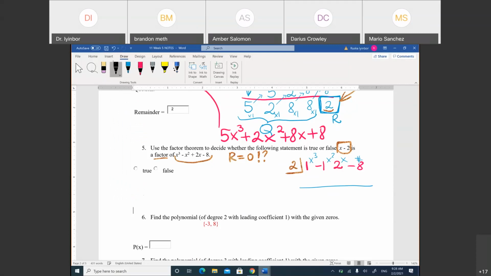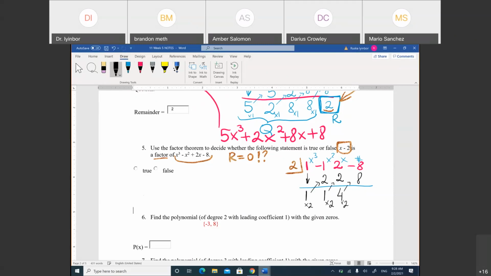Then after that, I'm going to calculate it. I'm going to bring the first number down, which is 1. 1 times 2, I multiply by the number in front, is 2. When I add 2 and negative 1, it's going to be 1. I'm going to multiply by 2 again, which is 2. 2 plus 2 is 4. And I'm going to multiply 4 by 2, gives me 8.